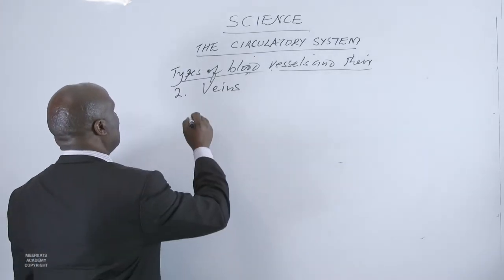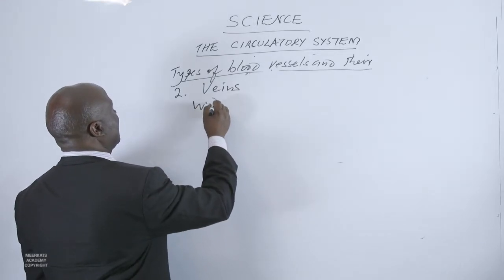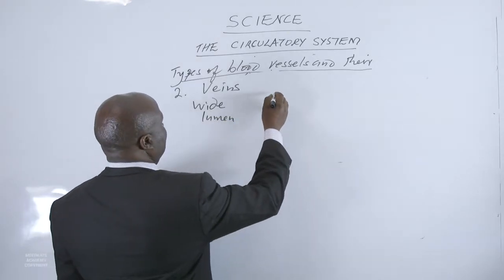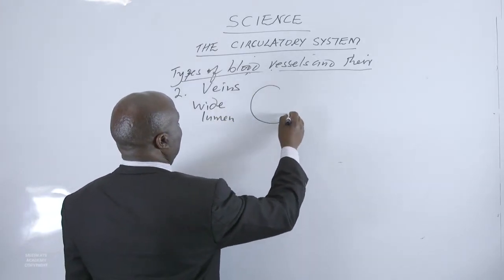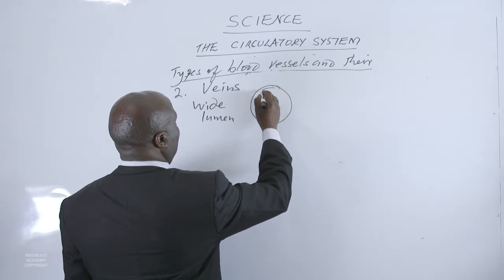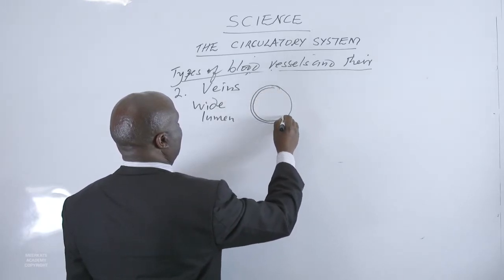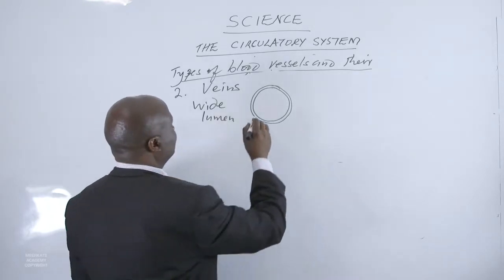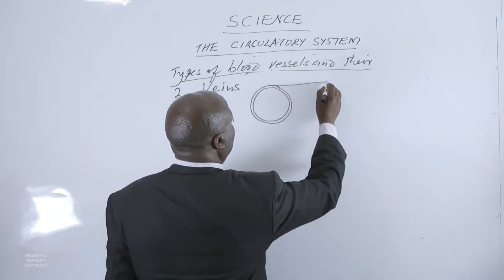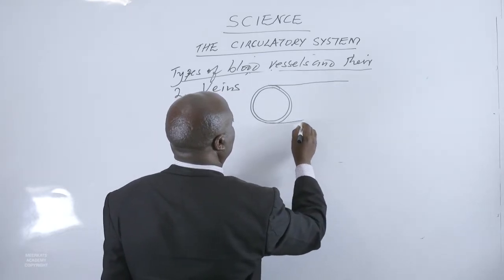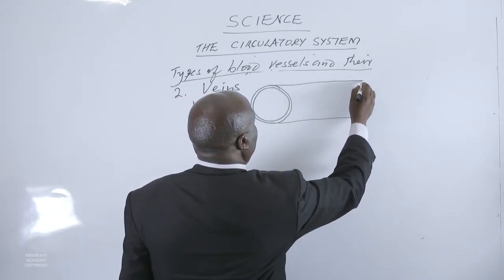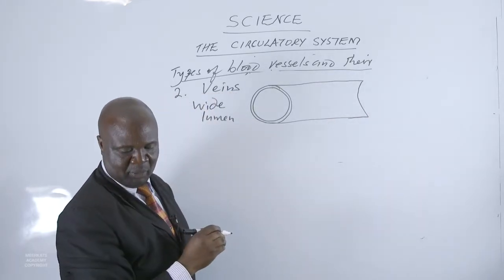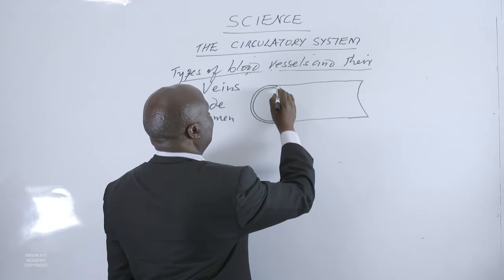One, veins have a wide lumen. If we are to draw, that is an example of a vein.